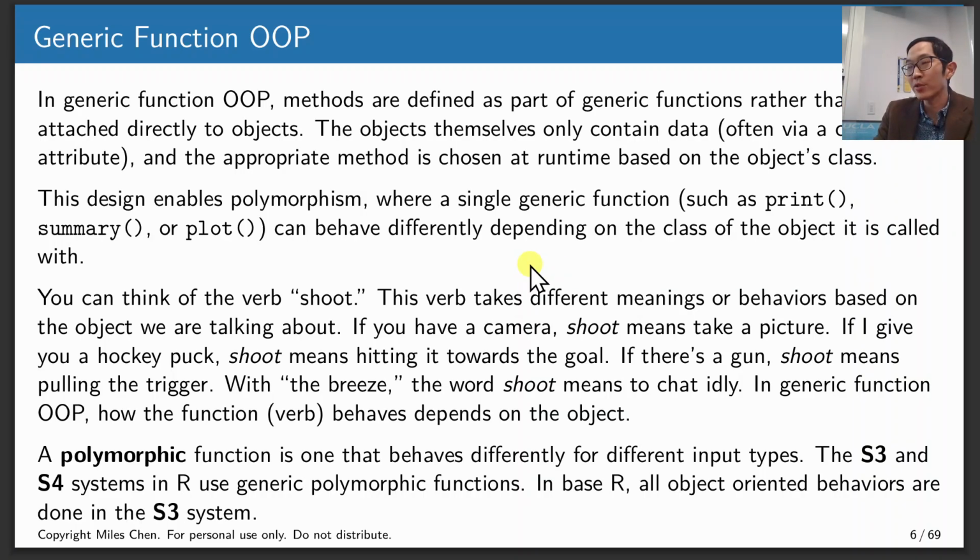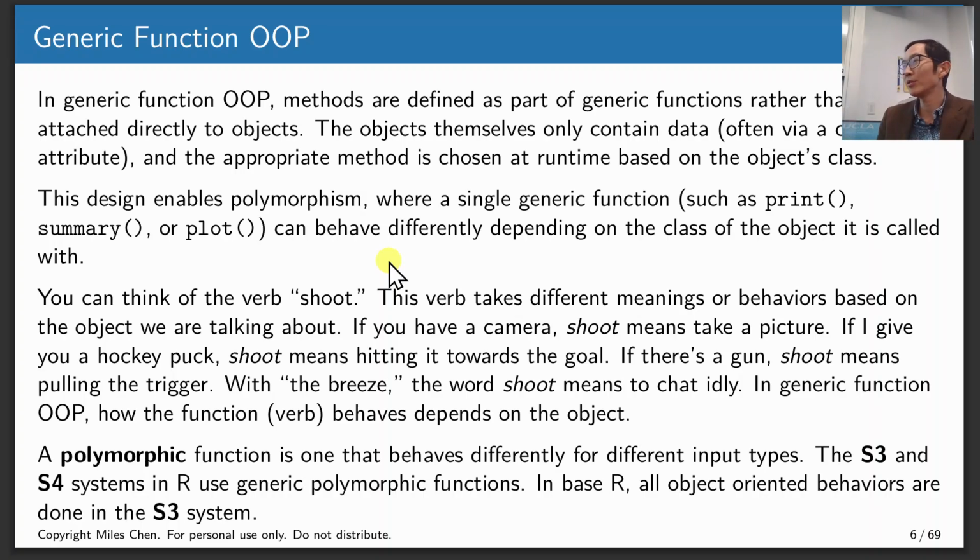So if you wanted to think about generic functions, think of the verb shoot. We have the verb shoot, and that verb shoot means different things depending on the object I hand you. If I say shoot it and I hand you a camera, then shooting it would be taking a picture with the camera, okay?